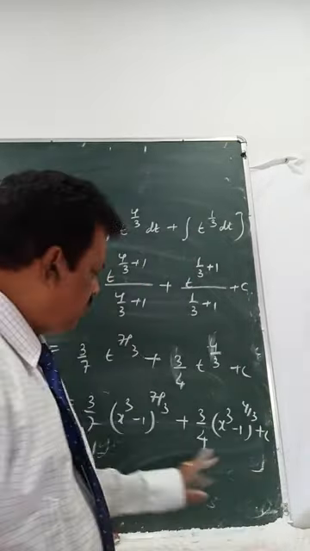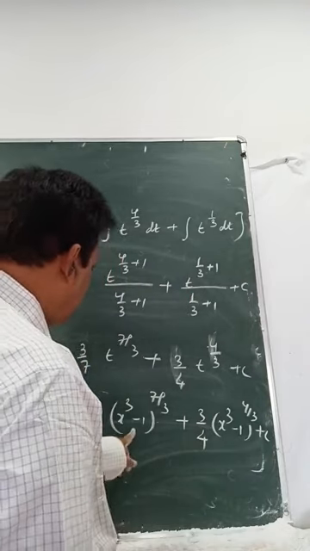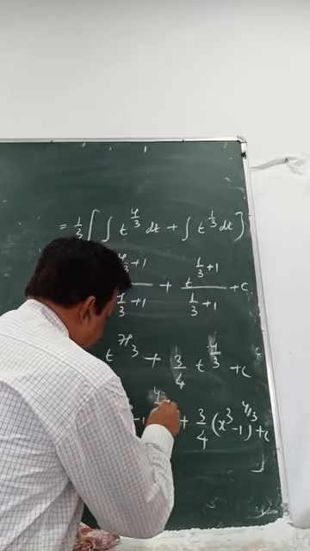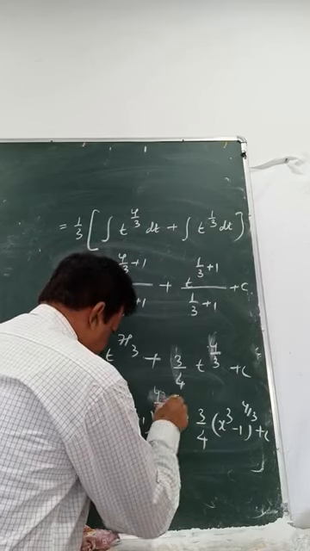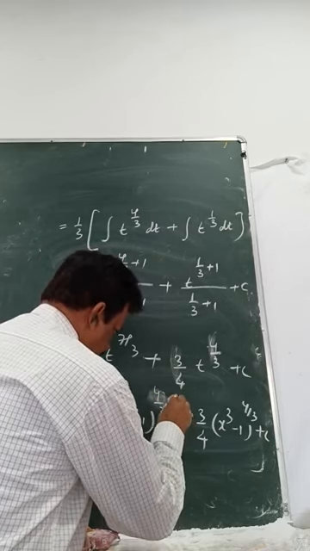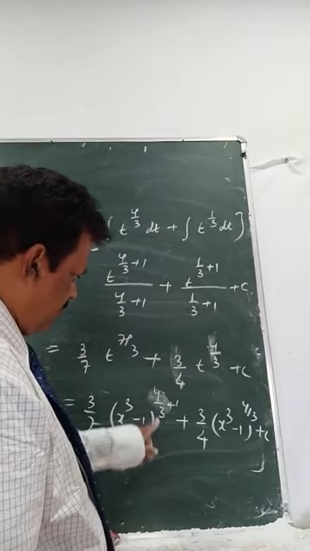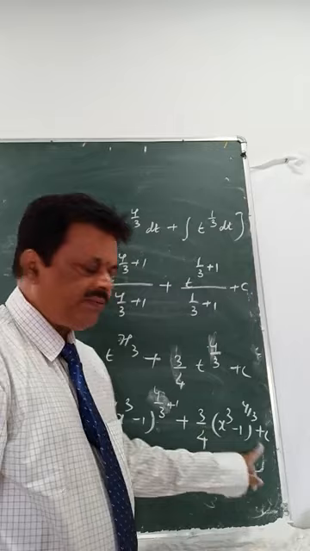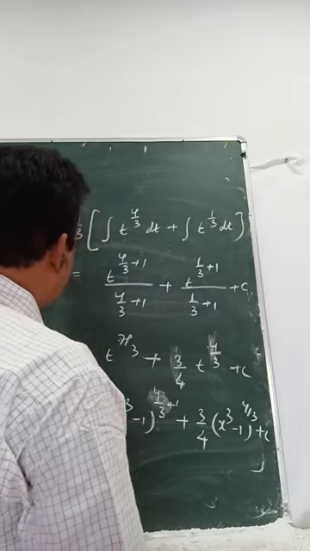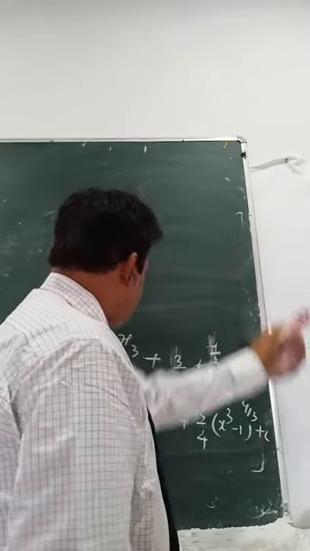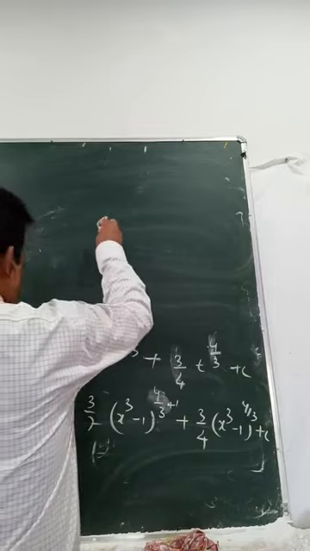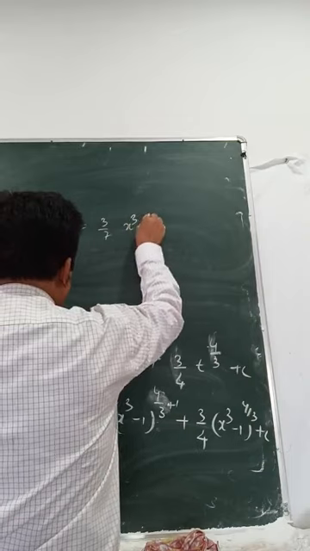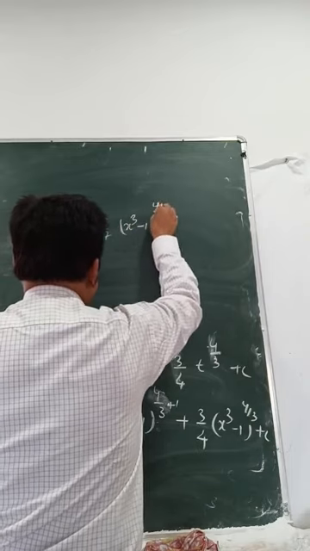But if you write one more line, what you can do is this 7 by 3 is 4 by 3 plus 1, or not? 7 by 3. So why I am writing is, if you want to simplify further, then you can write that it will be 3 by 7 x cube minus 1 power 4 by 3.